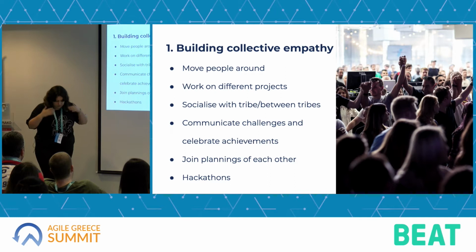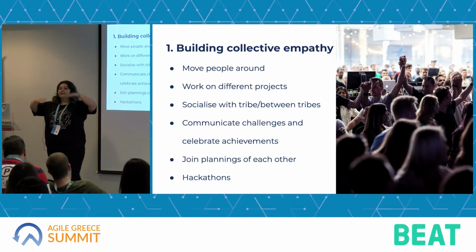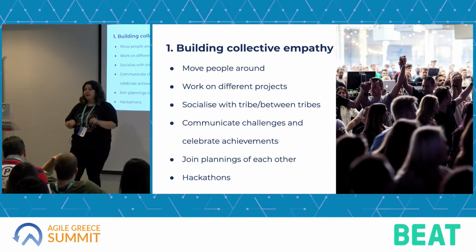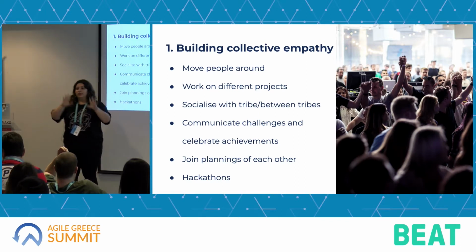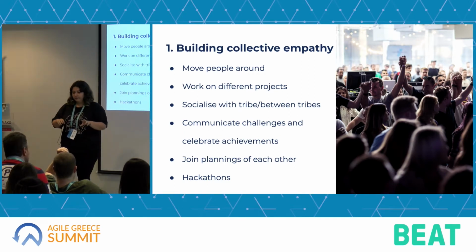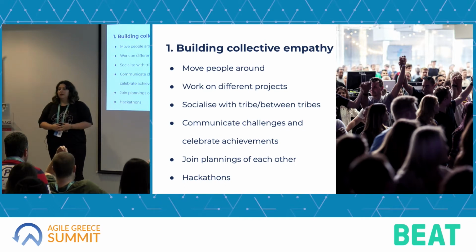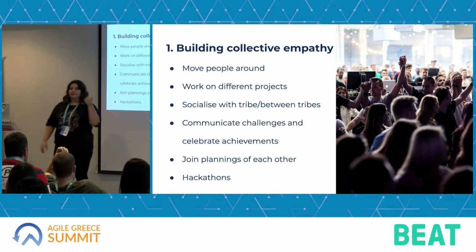To be able to operate on these domains and to ease the cross-domain collaboration, I collected a couple of things that we are doing to align ourselves in the company. One of them is building collective empathy.